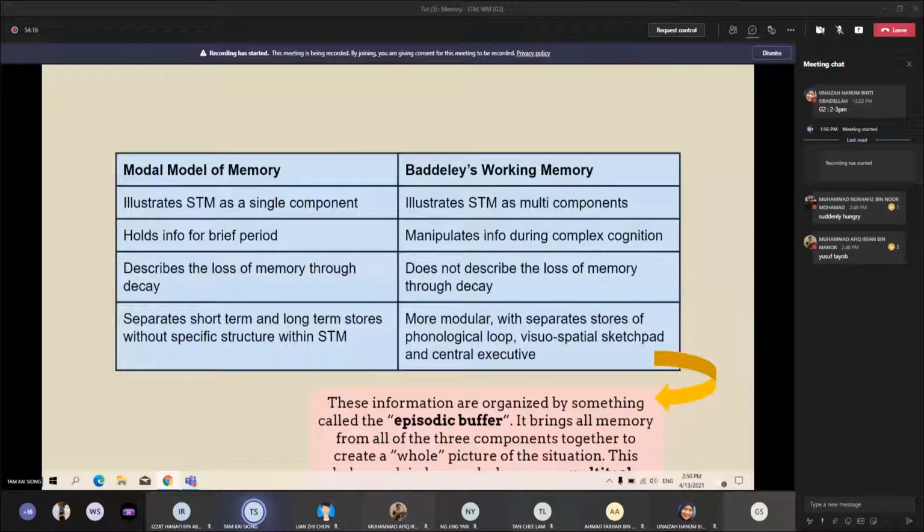Model of memory describes the loss of memory through decay, while Baddeley does not. Model of memory separates short-term and long-term store without specific structure within short-term memory, while Baddeley is more modular with separate stores: the phonological loop, visual spatial sketchpad, and the central executive.